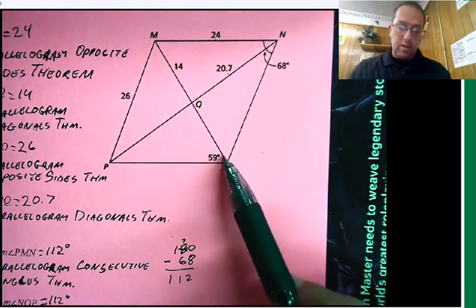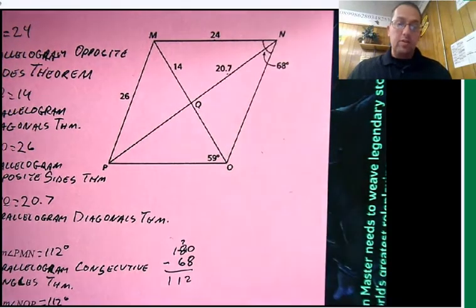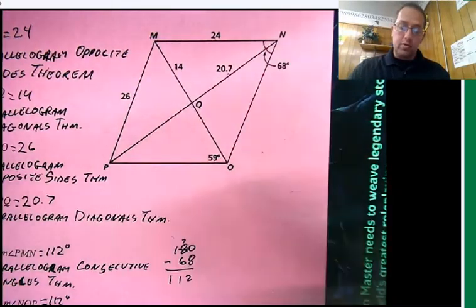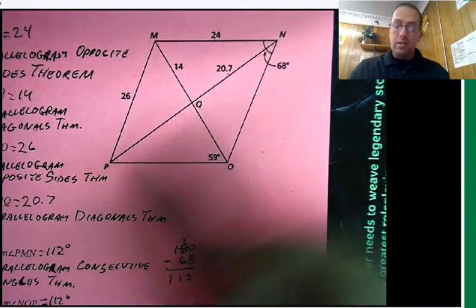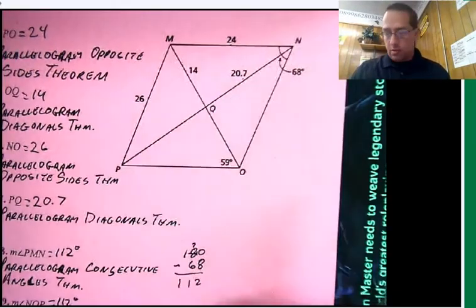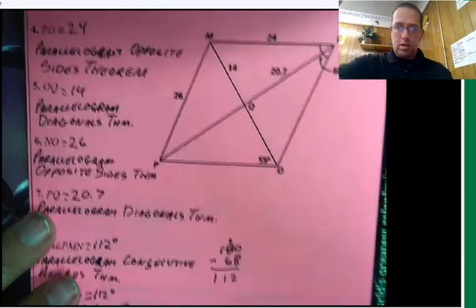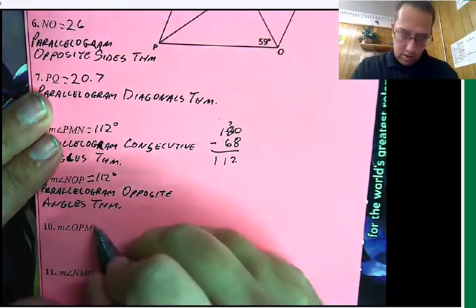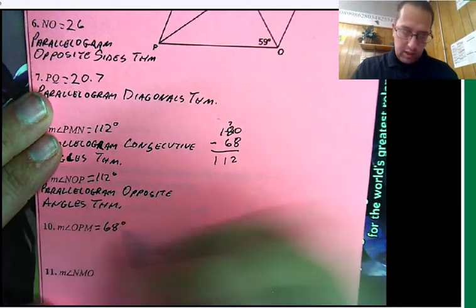And we now know that this is a consecutive angle. So we could actually do either one, because we know that this is 112, this one's 112, so we could subtract that from 180. Or we could say, hey, it's opposite 68 degrees, it's 68 degrees. I'll do that one.